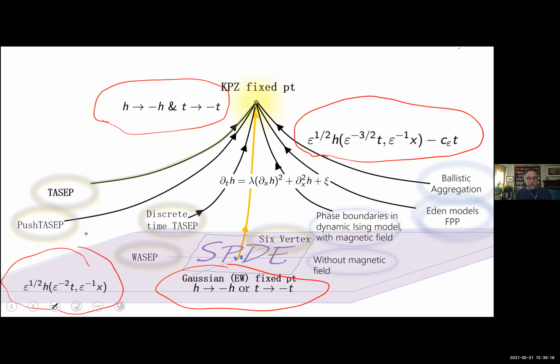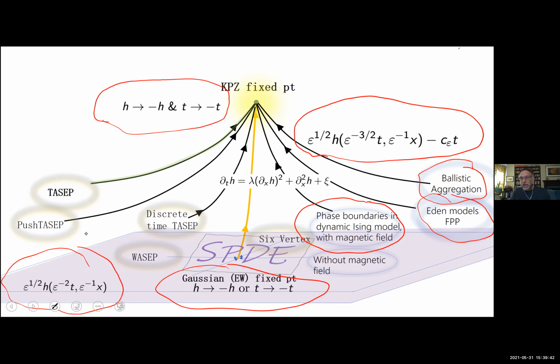Okay, and then we have all these models like the ballistic aggregate and the Eden model, which are conjecturally supposed to be in this class. Or if you like, you could take the Ising model and put all pluses above an interface and all minuses below it.